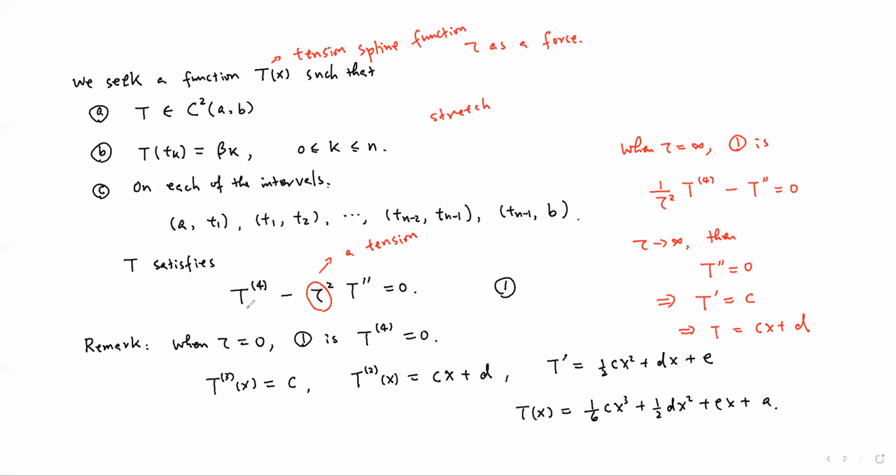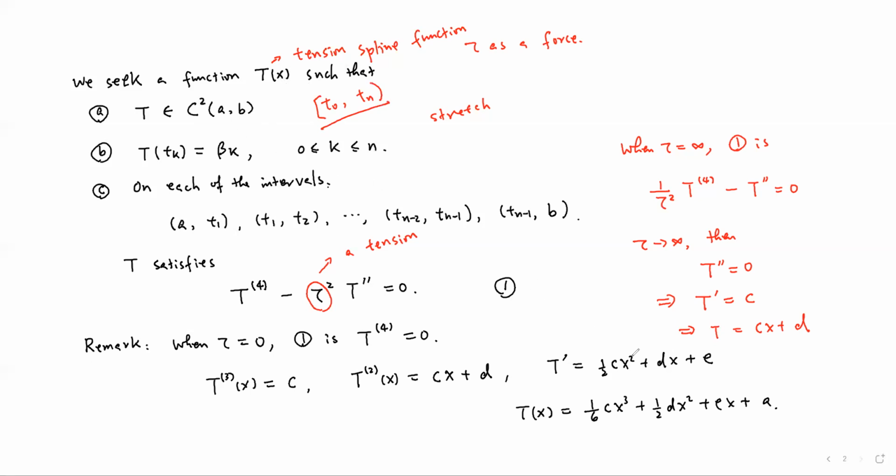Now, let me solve this differential equation and determine the tension spline function T over the interval from T0 to Tn. Actually, this is the interval that we are interested in.